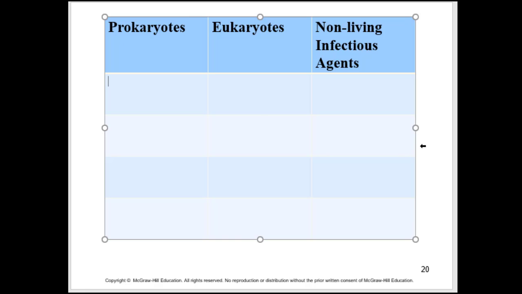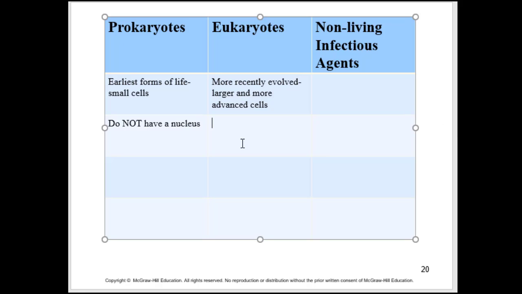So let's compare these things. Prokaryotes are the earliest forms of life. They're usually also the smallest cells. Eukaryotes, on the other hand, are more recently evolved, and they're going to have larger and more advanced cells. Now, what makes prokaryotes unique is that they do not have a nucleus, whereas eukaryotes always have a nucleus.